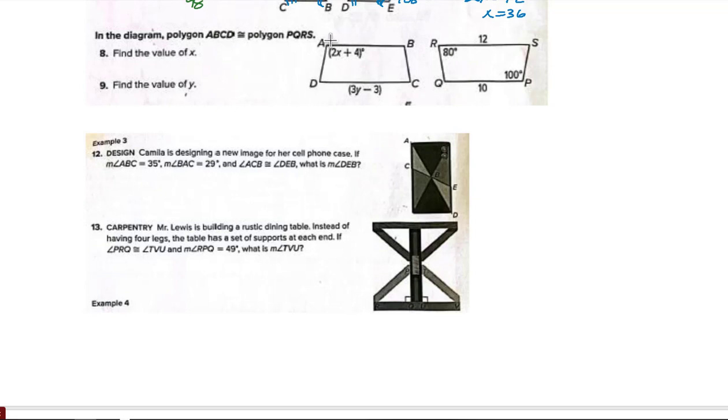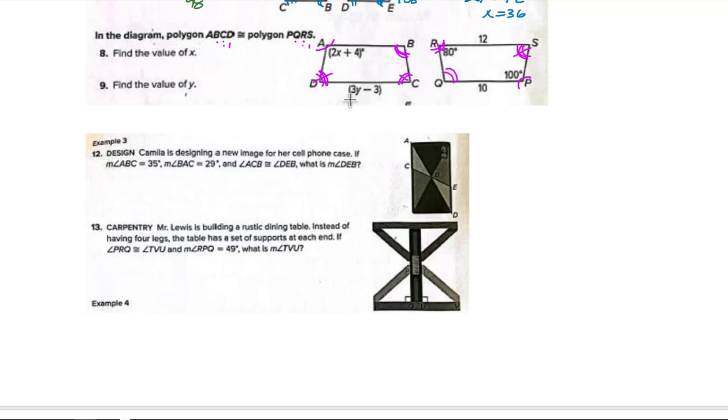For 8 and 9, they're telling us that the polygons are congruent. So A goes with P, B with Q, C with R, and D with S. So I mark those with matching congruence marks. It helps me keep the figure in order. And we can see that 2x plus 4 is going to be 100, which is going to help us solve for x.